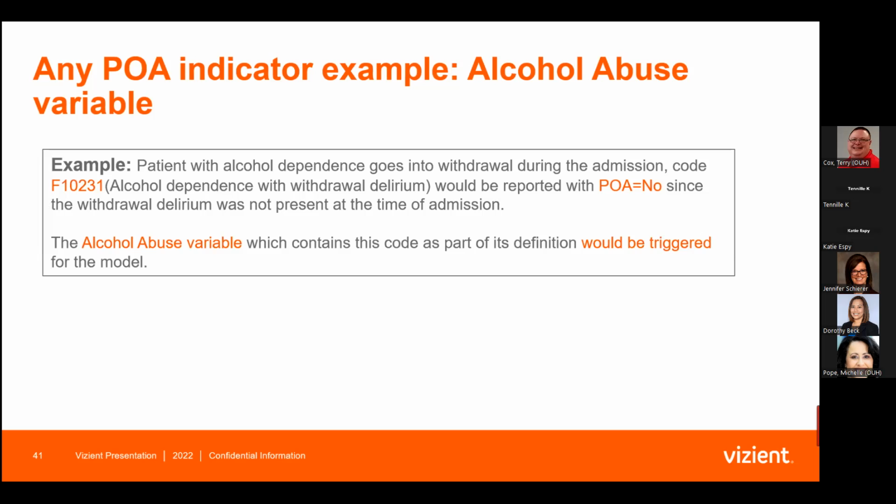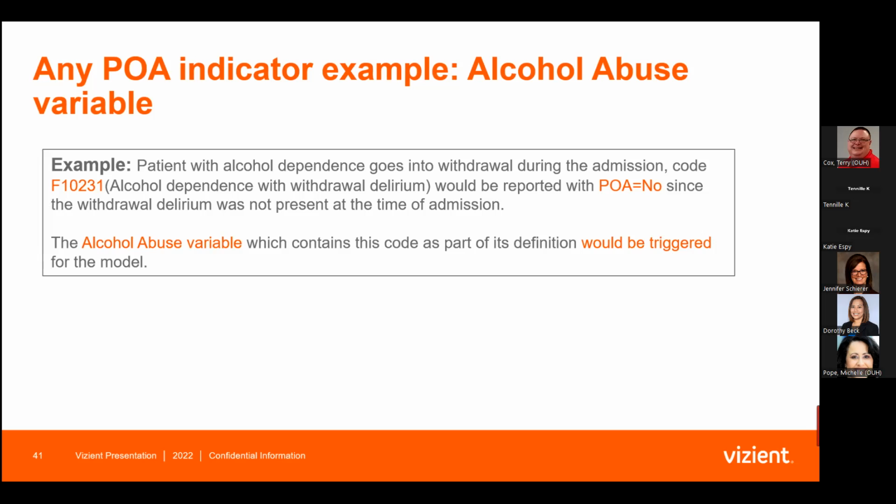So let's take this example of alcohol abuse. According to the coding guidelines, if a patient with alcohol dependence goes into withdrawal during the admission, the code, which is F10231, would be reported, but it would be reported as POA no. So if it's before, we're not going to count that, but I'm talking about the withdrawal delirium that's present at the time of admission.